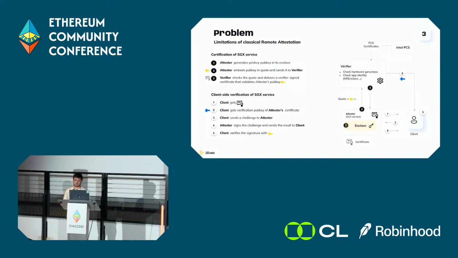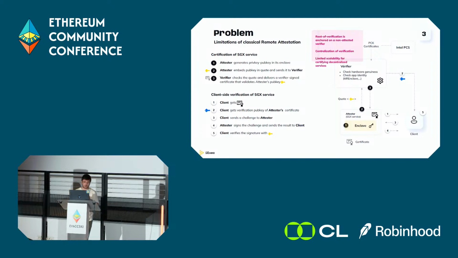The attester signs this challenge using its own private key that has been securely generated inside its enclave before responding to the client. Then the client verifies the signature with the public key that has been previously embedded in the certificate. If everything is okay, it means that the client can securely, let's say, interact with the SGX service.